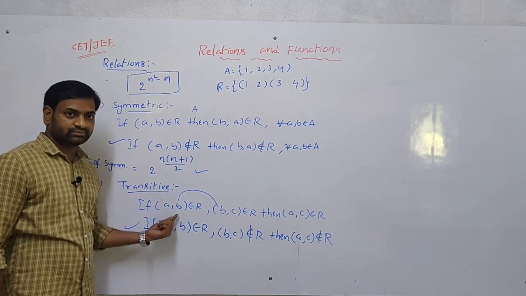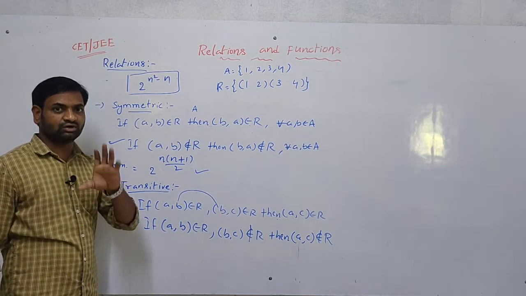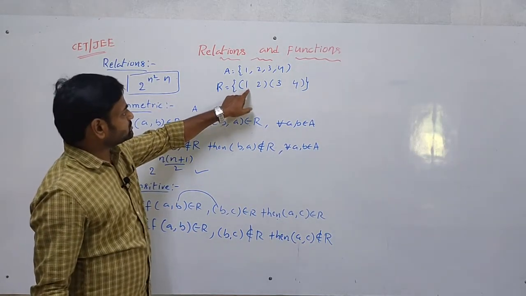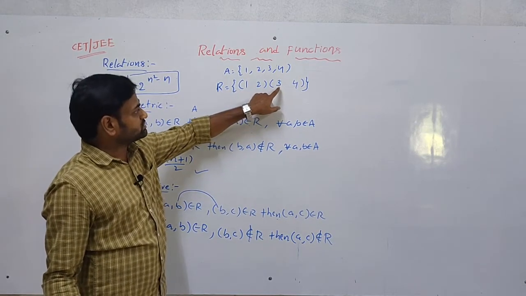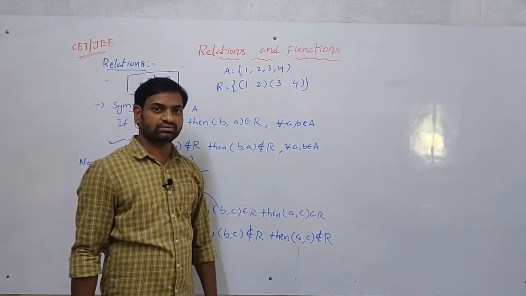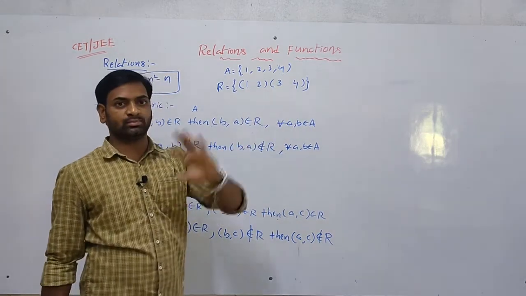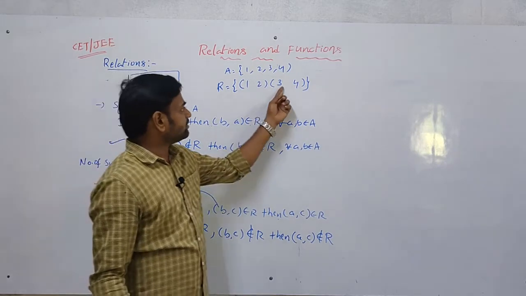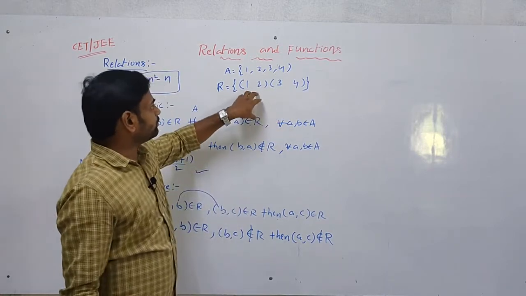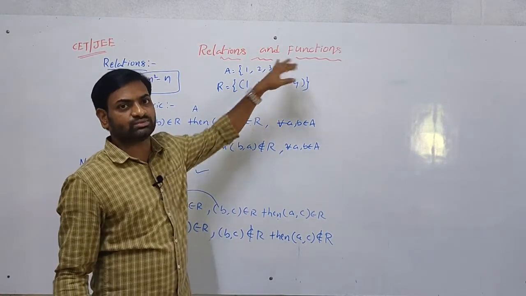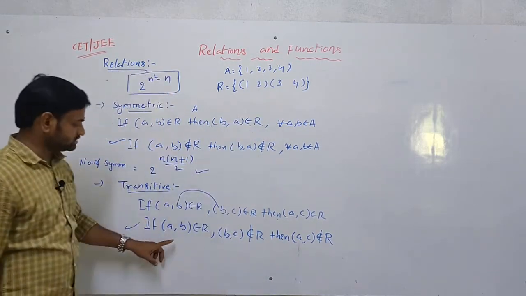First pair, second element; second pair, first element should be the same. Those pairs only we have to choose. Here, in the first pair the second element is 2, and in the other pair the first element is 3. Both are not equal, we can't take. So (1, 2) is there, but with a starting 2 there is no other pair. (3, 4) is there, and with a starting 4 there is no other pair. So here (1, 2) exists and (2, something) does not exist. That's why it is transitive. That means this case.